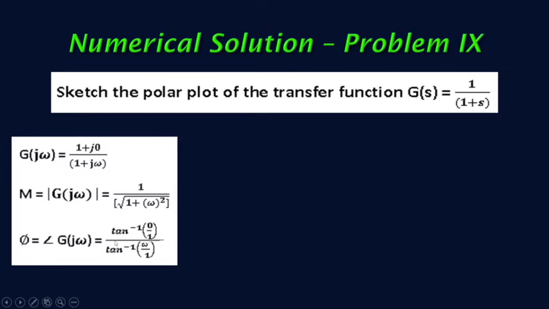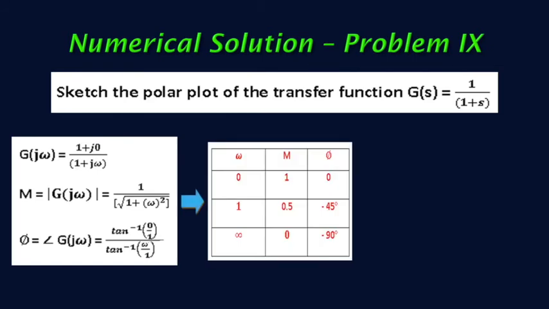Taking phase angle, this is equal to tan inverse 0 by 1 divided by tan inverse omega by 1. Taking this table, when omega equal to 0, the magnitude is 1. When omega equal to 1, the magnitude is 0.5. If omega equal to infinity, the magnitude is 0.